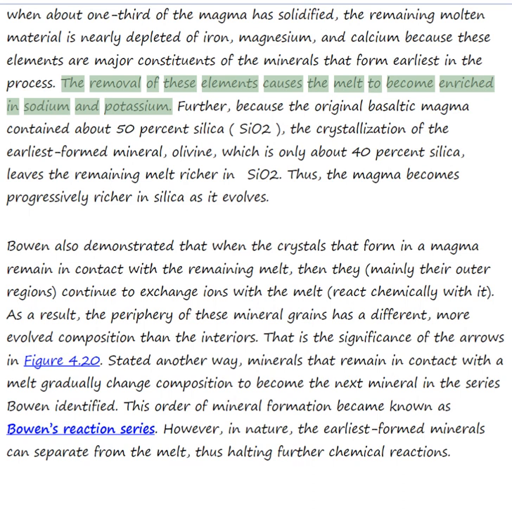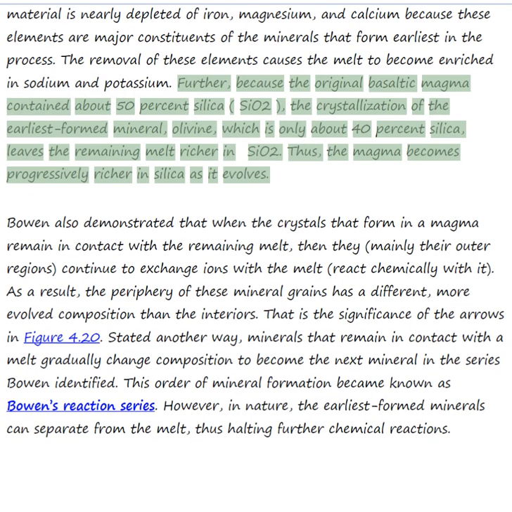The removal of these elements causes the melt to become enriched in sodium and potassium. Further, because the original basaltic magma contained about 50% silica, the crystallization of the earliest formed mineral, olivine, which is only about 40% silica, leaves the remaining melt richer in SiO2. Thus, the magma becomes progressively richer in silica as it evolves.